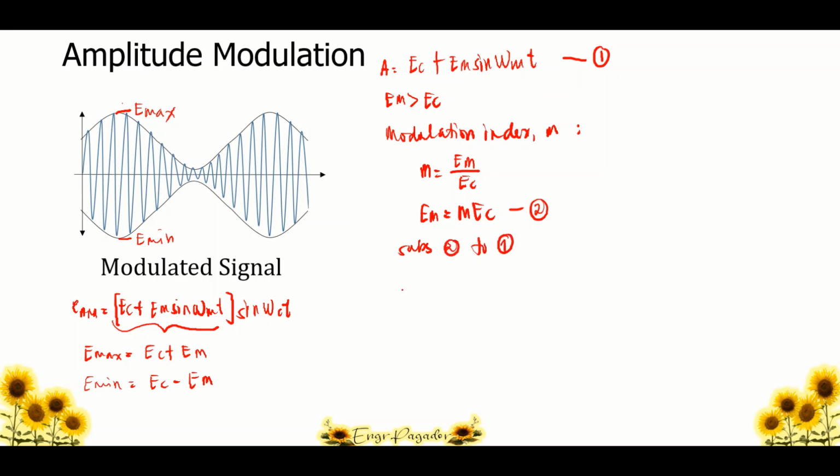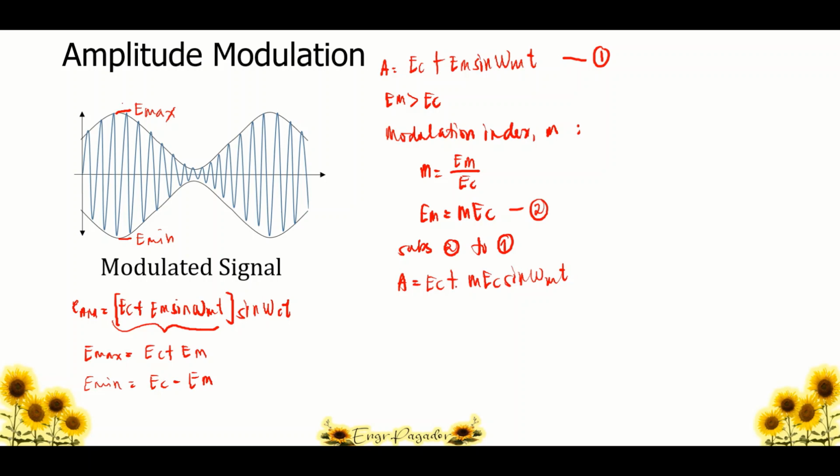So, our amplitude will be equal to EC plus MEC sine omega mt. This is now our new amplitude for the modulated signal.